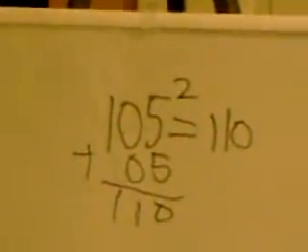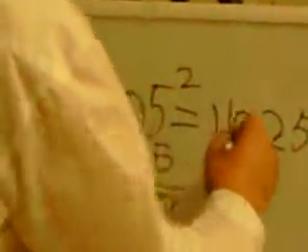So that is your first two digits. And then you square the last two digits. So 5 times 5 equals 25. So if I did this correctly, the answer should be 11,025.